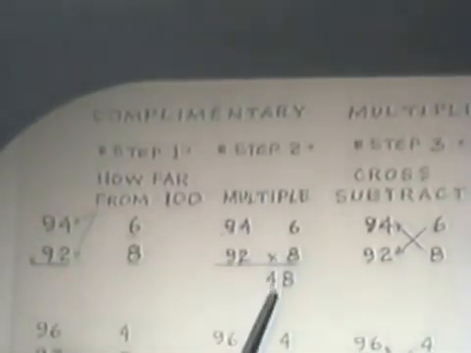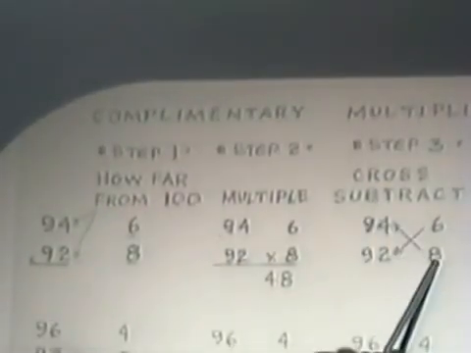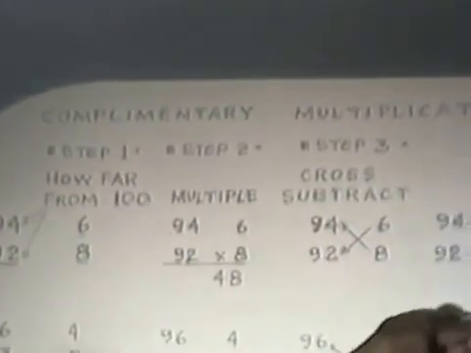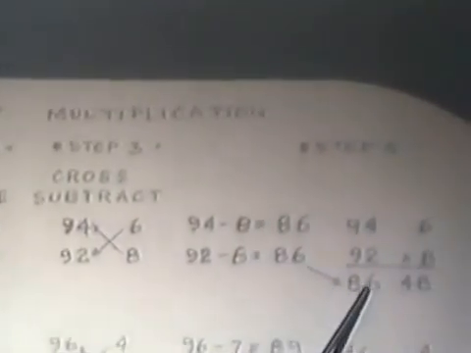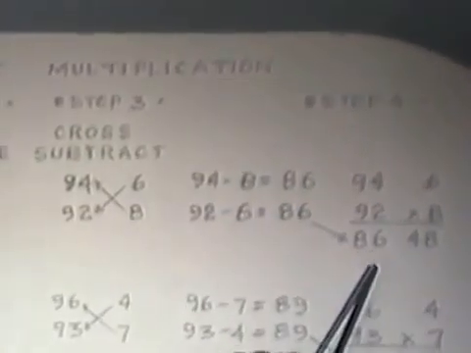Then in step 2, we multiply. 8 times 6 is 48. Step 3, we cross subtract. 8 from 94 is 86. 6 from 92 is 86. We bring down the 86. Remember we did 8 times 6 and we got 48.